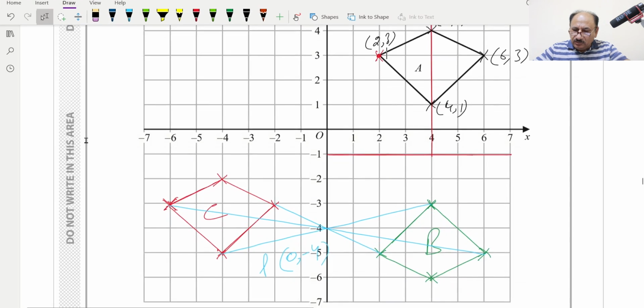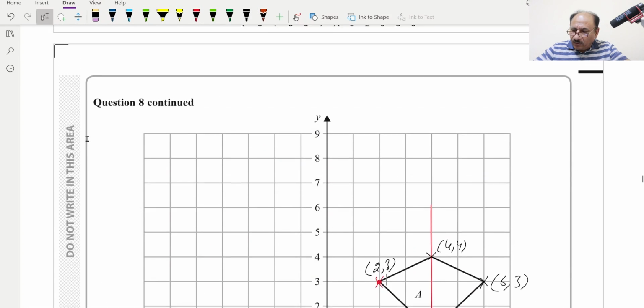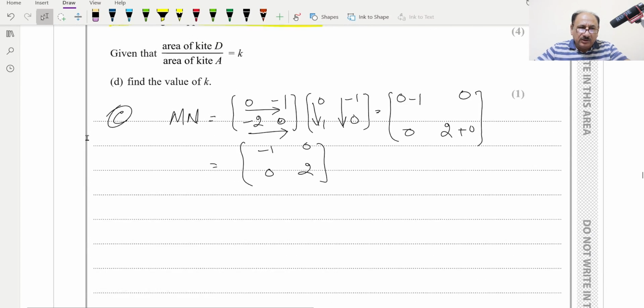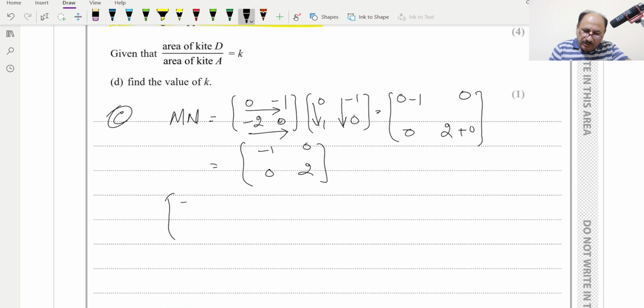Now we can write these coordinates in the form of matrix, so we can multiply the Mn matrix -1, 0, 0, 2, and this transformation we will apply on 4, 1, these coordinates which we just found from the kite, 6, 3 and 4, 4 and 2 and 3.